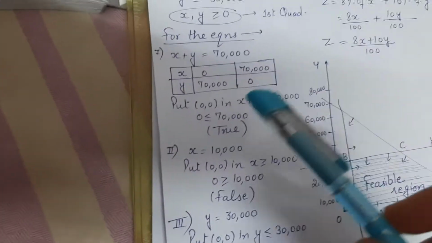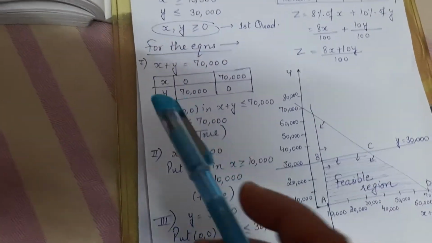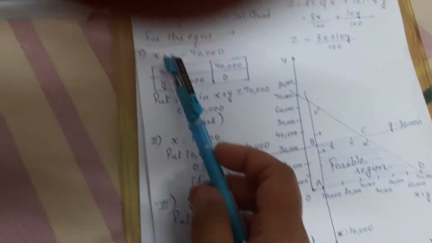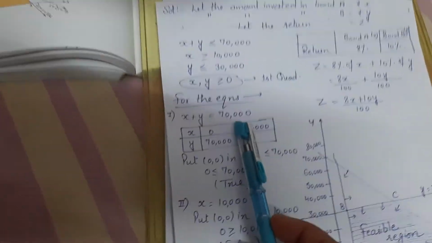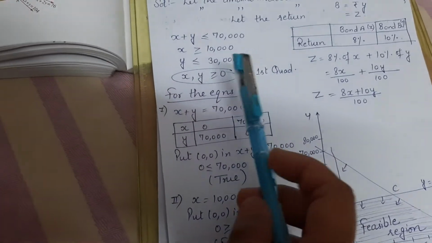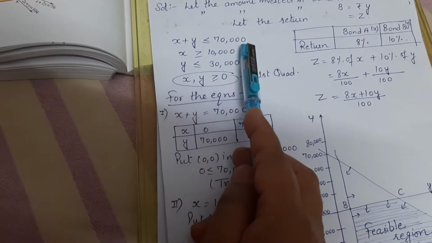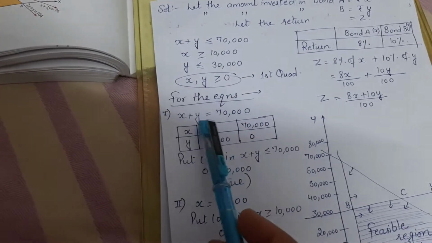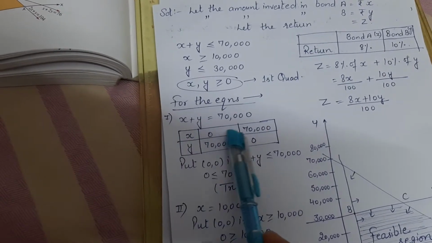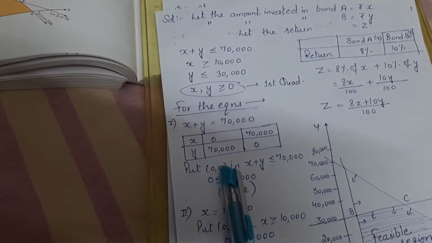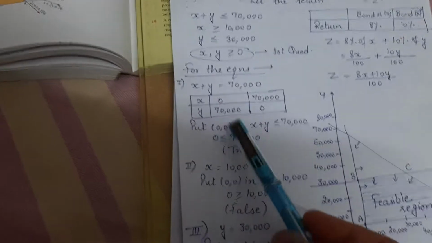For the equations, the equation is x plus y is equal to 70,000, because the very first inequality was x plus y less than or equal to 70,000. When we solve it, we'll get points.